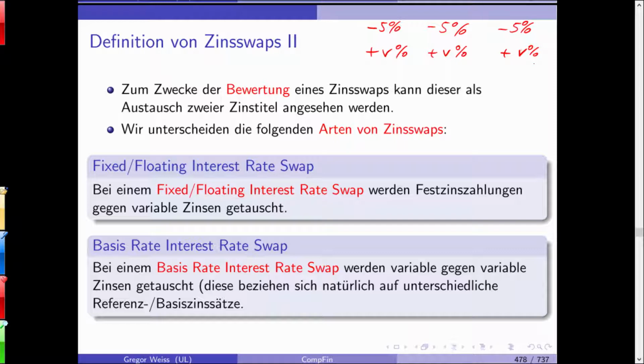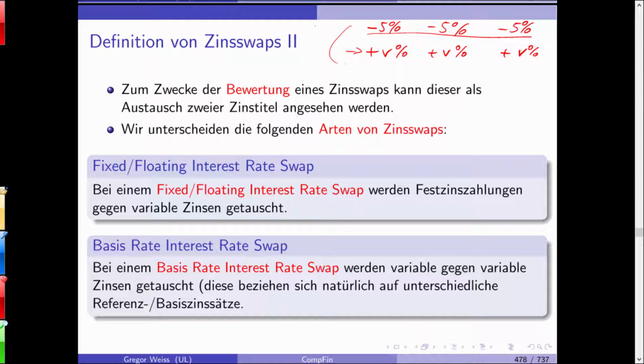Now, the question is what price should be attached to this contract? Who is profiting more from this contract? For this, we need to price the swap, and this is actually quite simple. You simply look at the present value of this cash flow of the minus 5%, minus 5%, minus 5%, and you look at the present value of this variable leg, and we call these two the two legs of the swap.